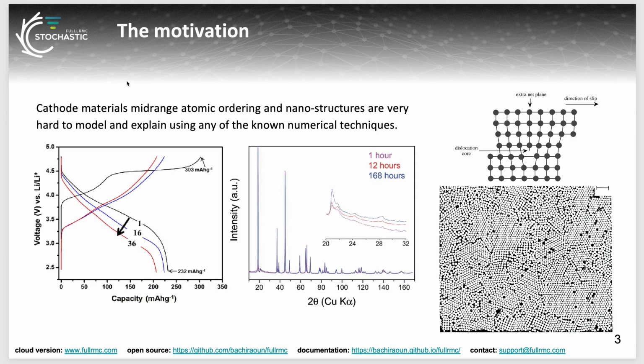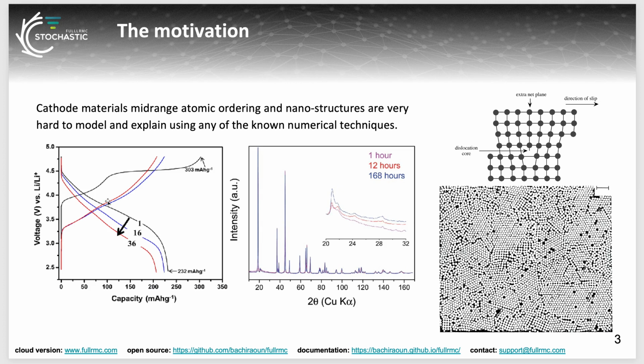All right, so before I dig into the details, let me tell you what the motivation was for putting fullrmc together. Back in 2013, I was personally working on putting together a theoretical solution attempting to formulate a force field or an energy expression that explains the mid-range ordering happening in some battery cathode materials.